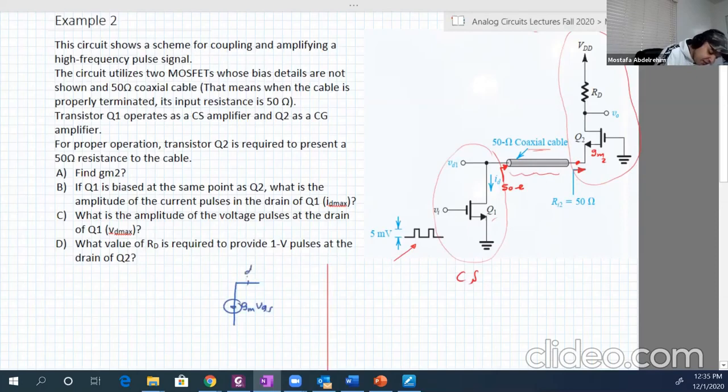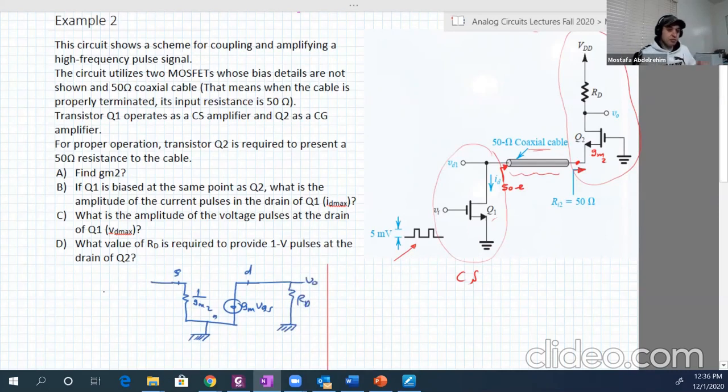Here is the drain, here is the source, then 1 over gm, and gm2 in that case. And here is the gate, and the gate is connected to ground. The drain is connected to ground through RD, and here is vo.